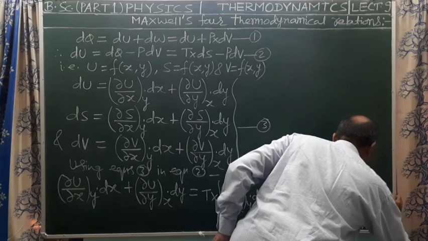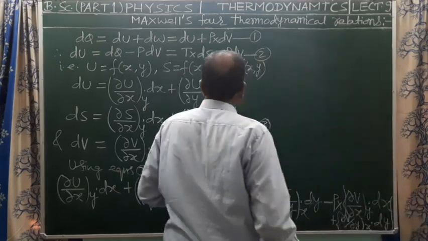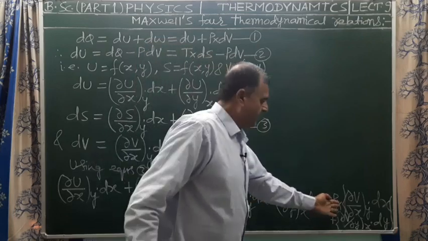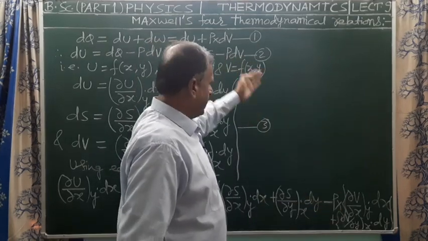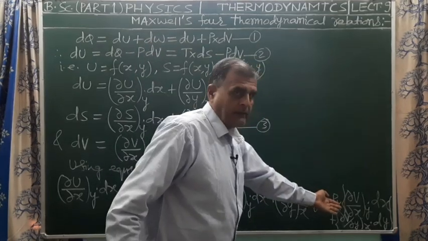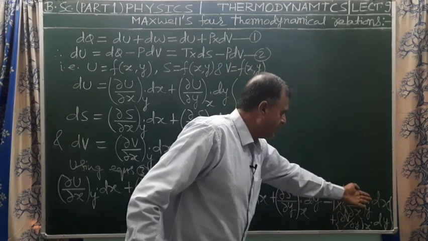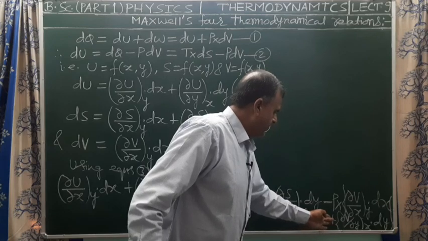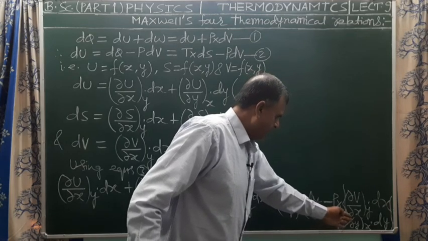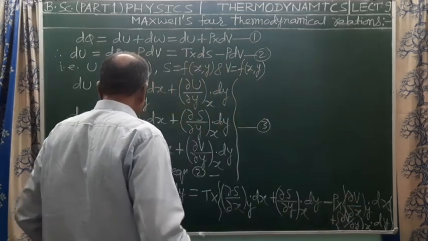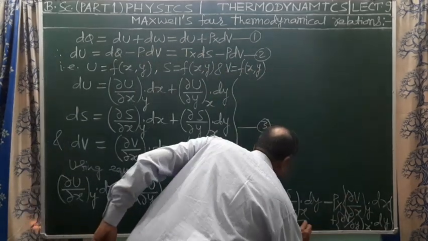Now the bracket is closed. So the second term of equation 2 becomes minus p multiplied by, in place of dv, del v upon del x at constant y into dx plus del v upon del y at constant x into dy, and suppose it is equation number 4.